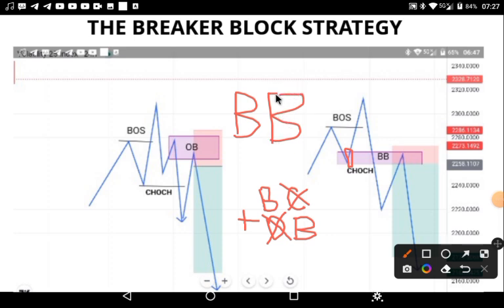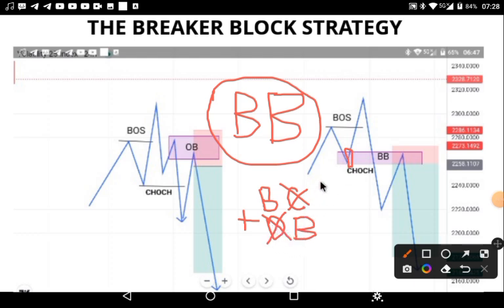So your breaker block is a combination of the order block and the candle that broke through the order block. Do you understand that? The candle that broke through this order block is what we call the breaker candle, and the order block that was broken, this level that was broken, is what we call our order block.